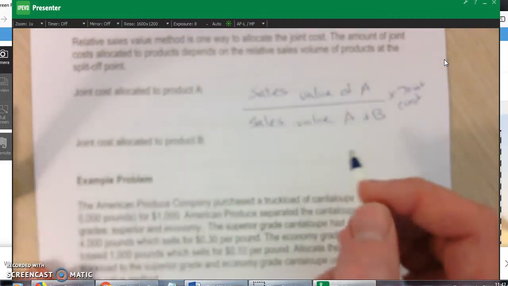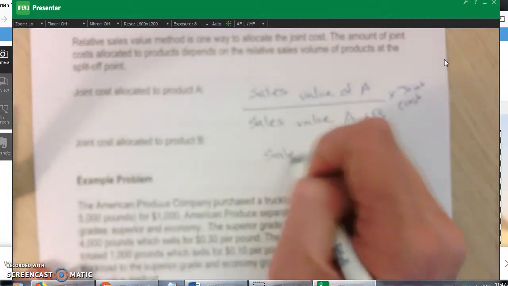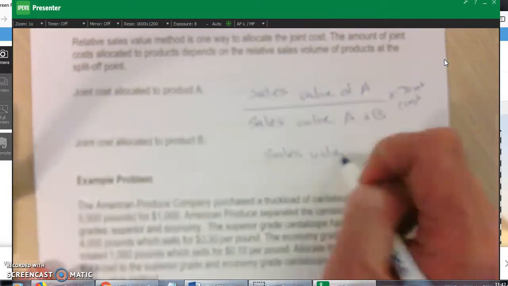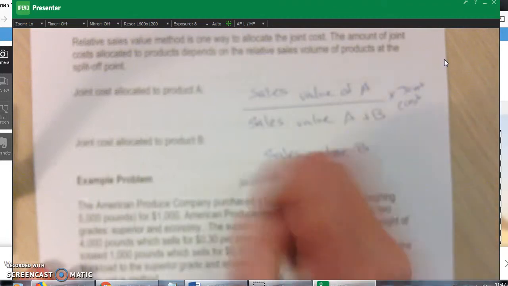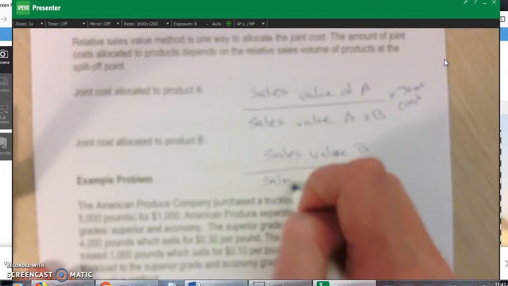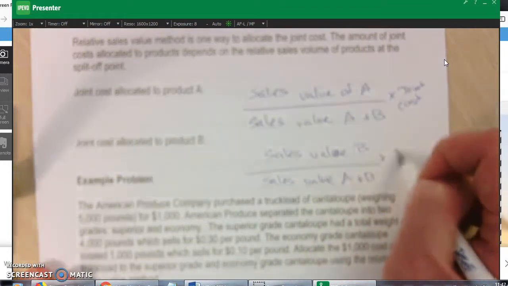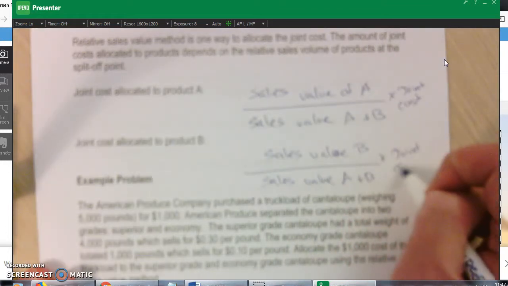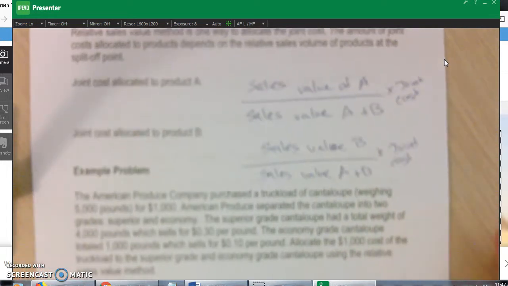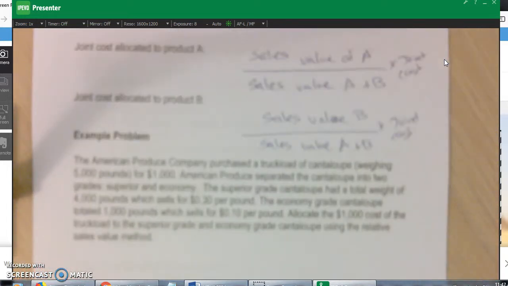And then with B, if I have two products, A and B, I take my sales value of B divided by my sales value A plus B times the joint cost. Okay, so I'm basically going to take a proportion based upon the sales value, and I will use that to then allocate out those joint costs.